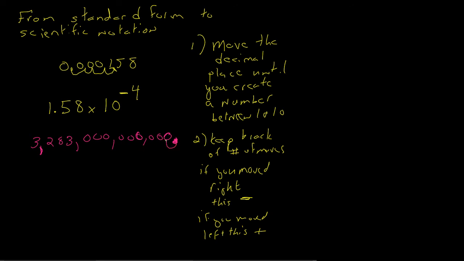So I move once, twice, 3 times, 4, 5, 6, 7, 8, 9, 10, 11, 12. You get 3.283 times 10 to the 12th, or 3.283 trillion, which is our latest stimulus packages, right? About 3 trillion or so.